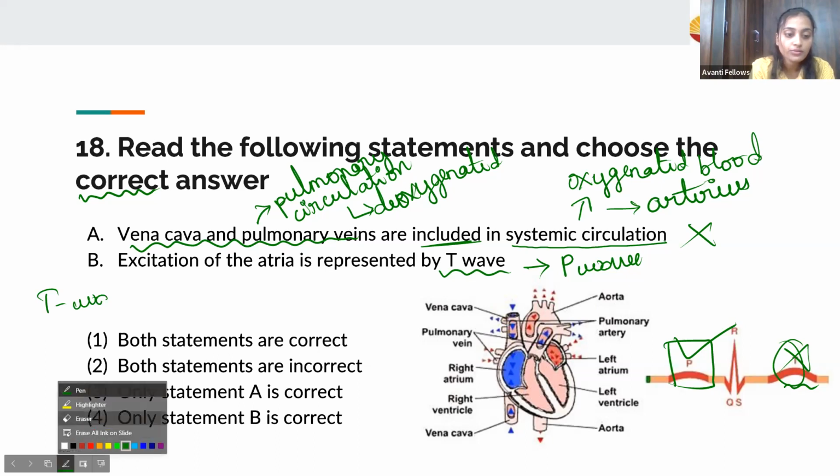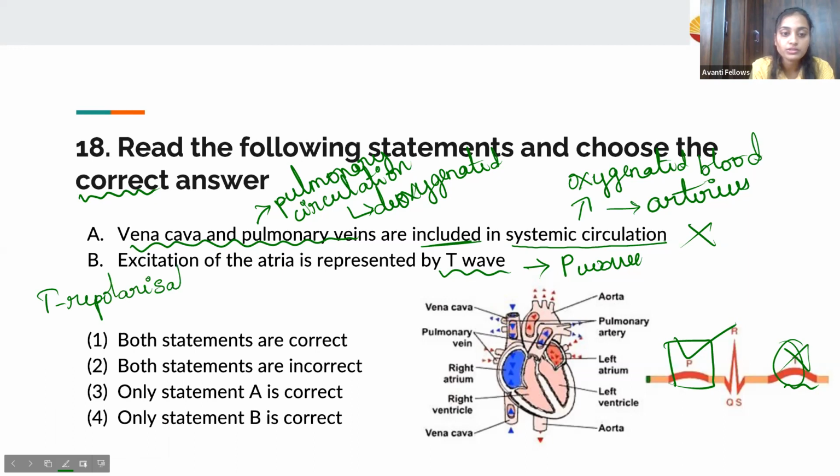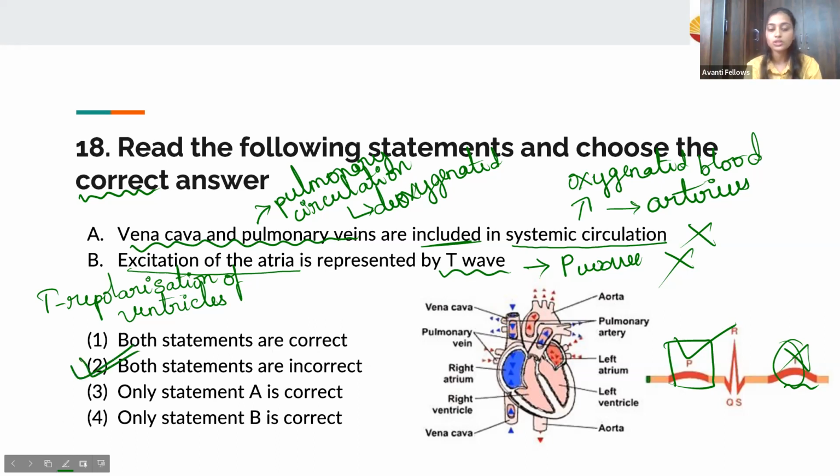The T wave represents the repolarization of the ventricles. So both the statements are incorrect. The right option is option number B, option number 2.